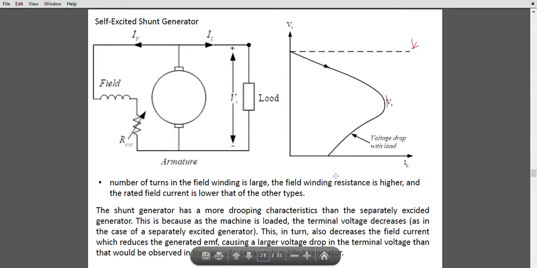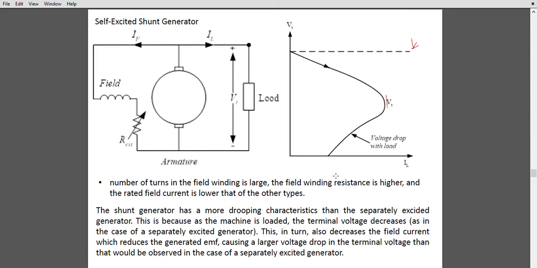So the number of turns in the field winding is large. Field winding resistance is higher, and the rated field current is lower than that of other types of machines that we have seen earlier.